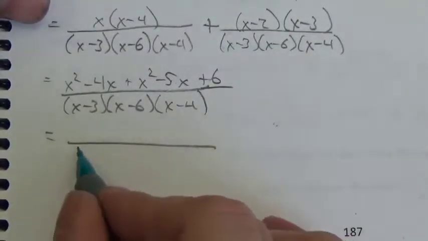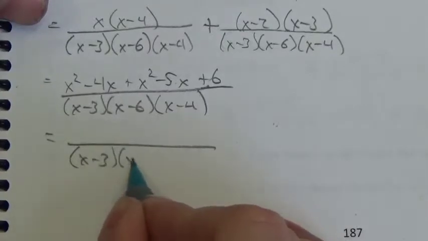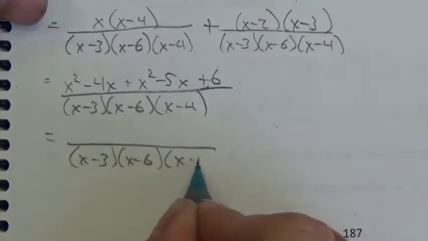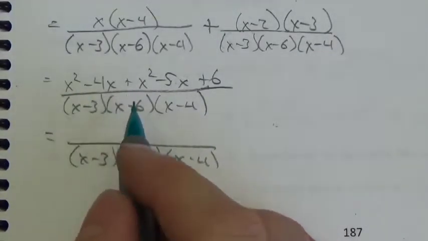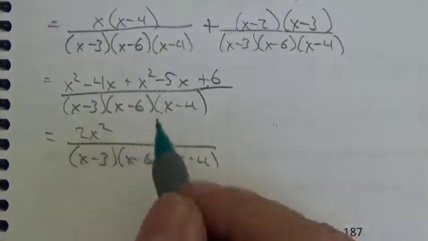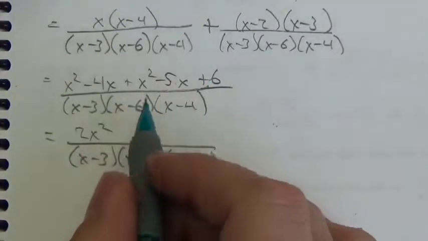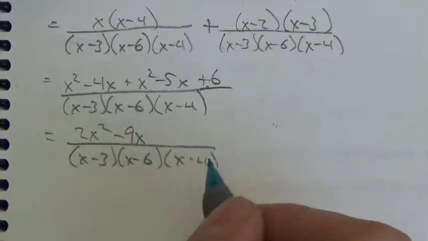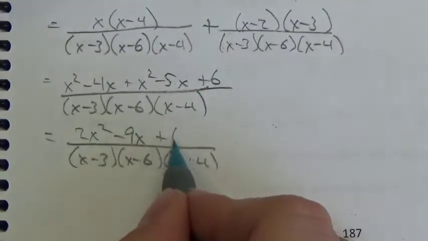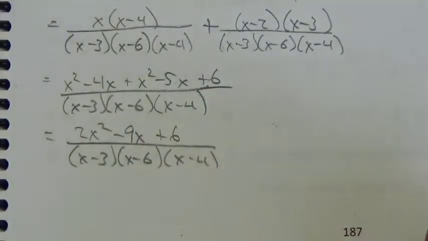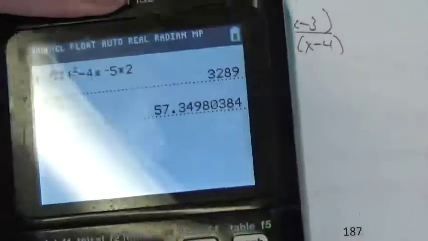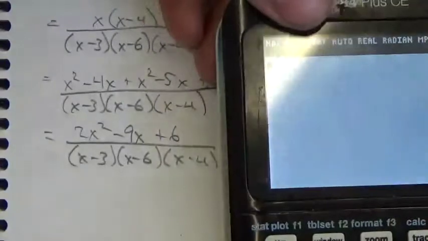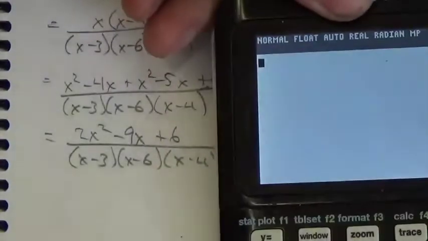Okay, so my denominator still stays the same. Now, x squared plus x squared will be 2x squared. Negative 4x minus 5x will be negative 9x plus 6. Okay, now once again, I am going to check my discriminant. Can I go any further than this? Let's check here, negative 9 squared.